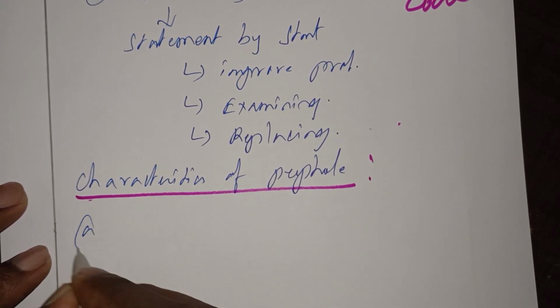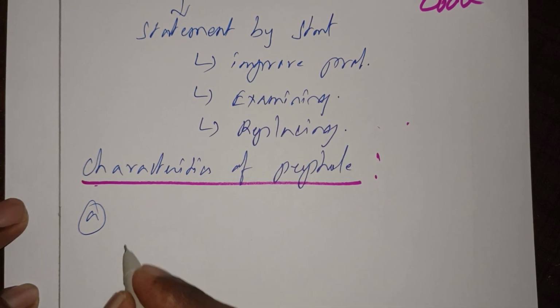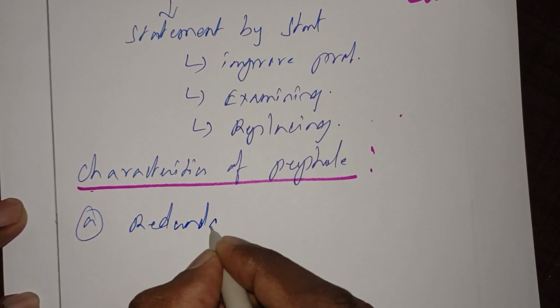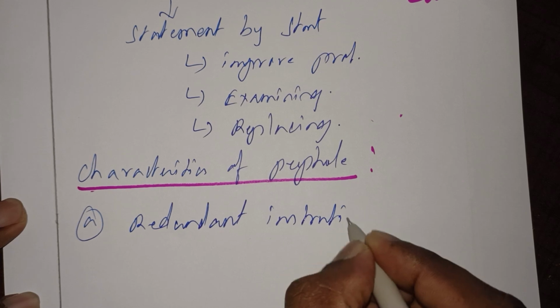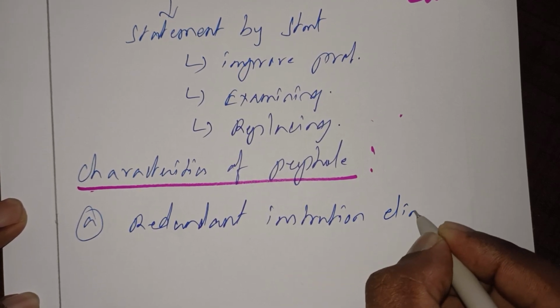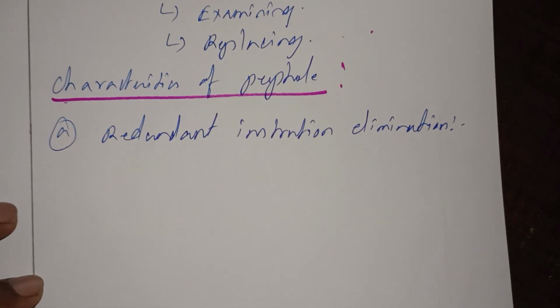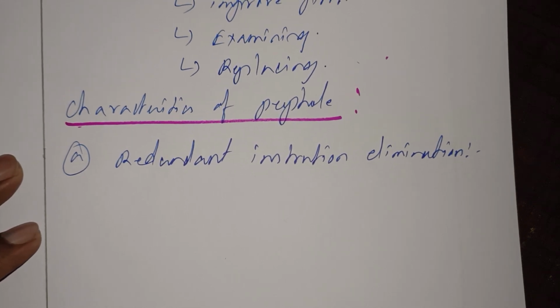The first approach is redundant instruction elimination. We have already seen how a redundant instruction can be eliminated. This process eliminates repeated code.